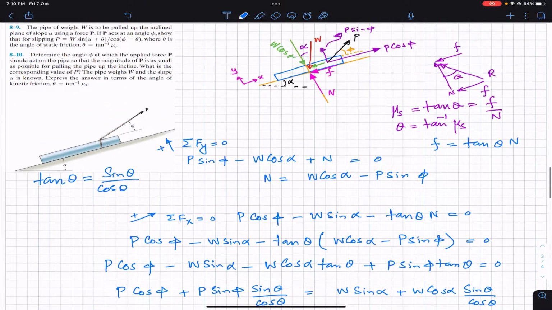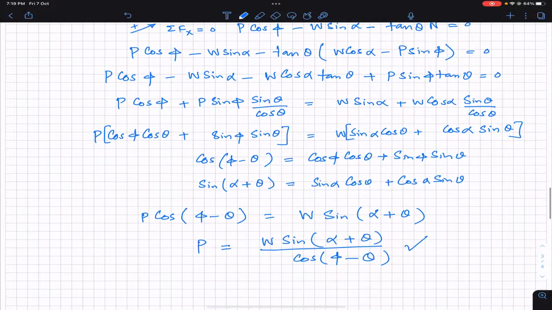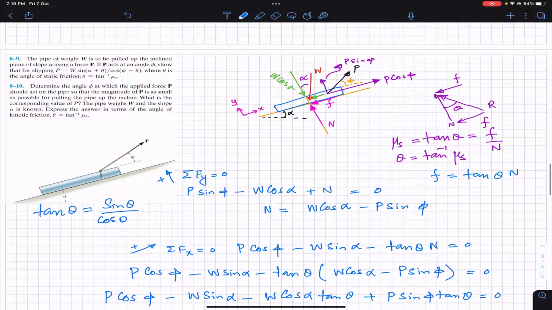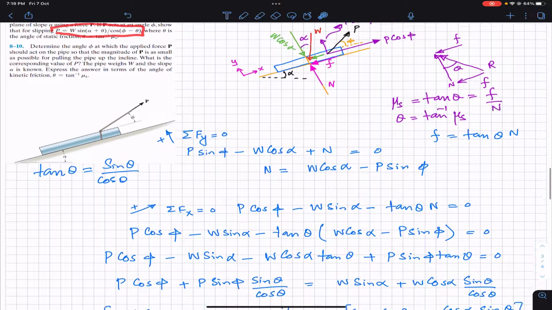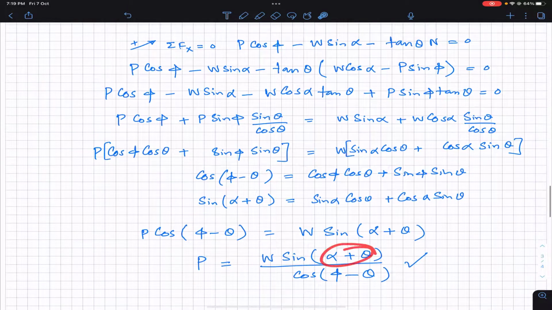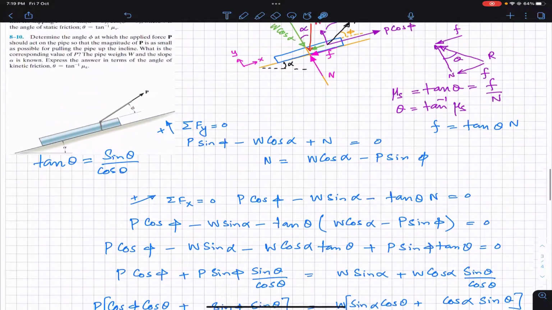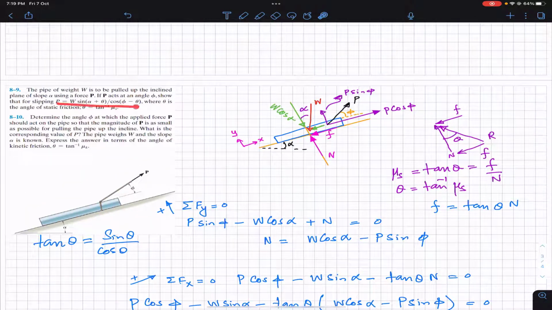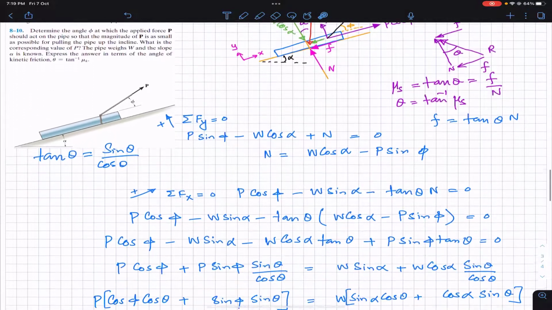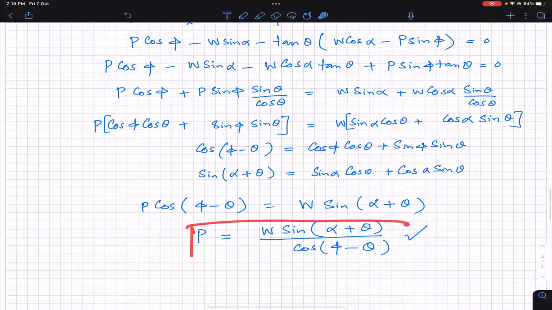So now this is the solution for the first problem, since it is said that if P acts at an angle φ, show that. So we have shown that P is equal to W sin of α plus θ divided by cos of φ minus θ. So we came to this conclusion, right? So we have proved this. So this is the solution of problem 8-9.